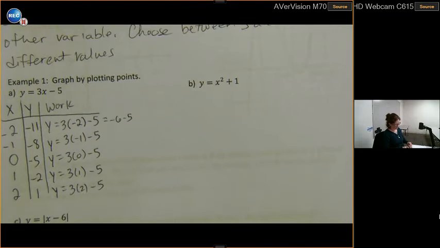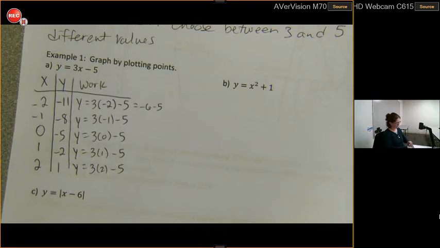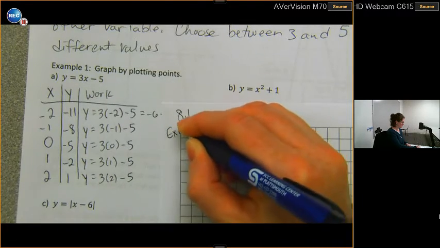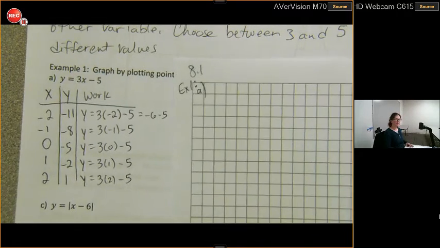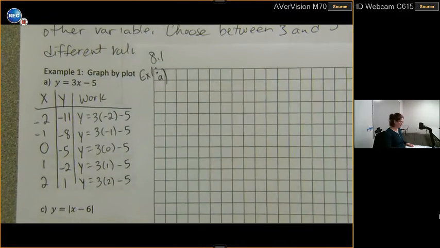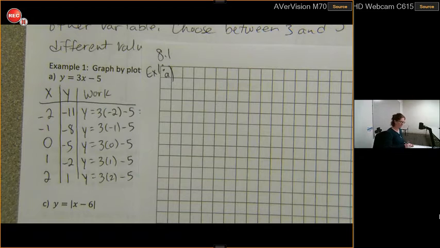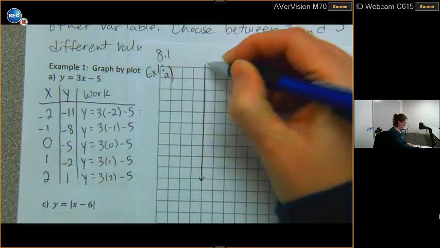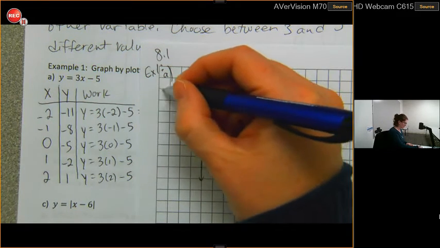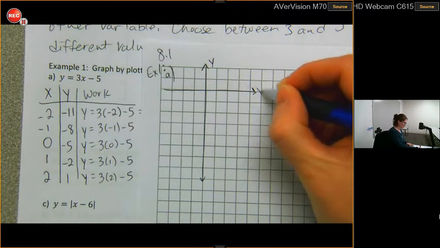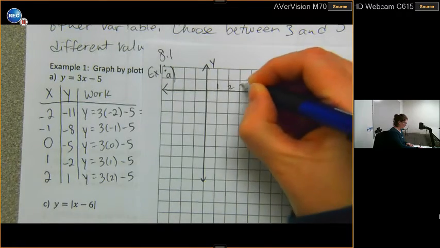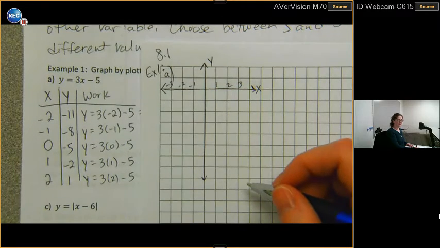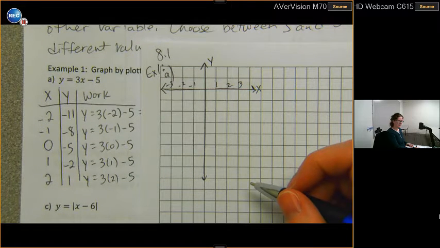And then I'm going to find my graph paper. And I'm going to plot these points and connect them. I notice that my y values are kind of bigger numbers, -11 is how far down I have to go.